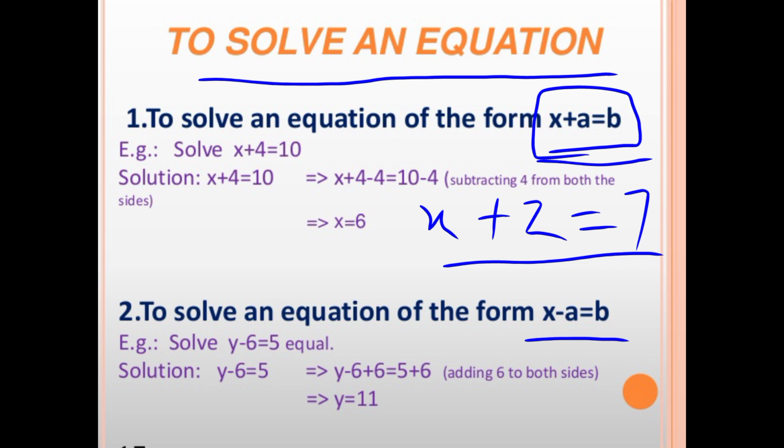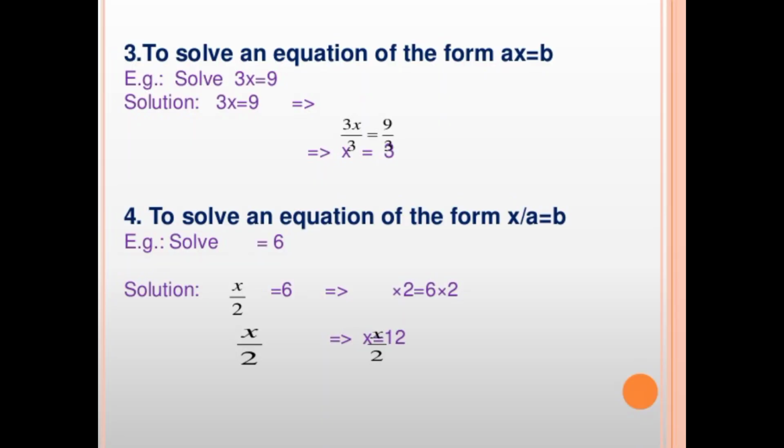Some are of this form, x minus a is equal to b. For example, x minus 3 is equal to 5. Some equations are a into x, that means 7 into x is equal to 3.